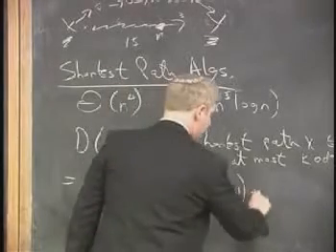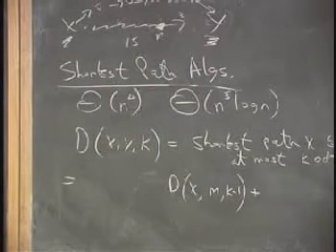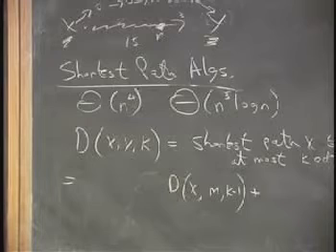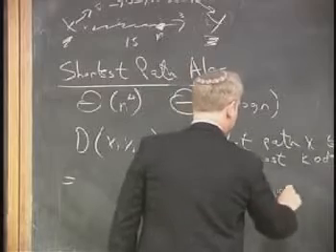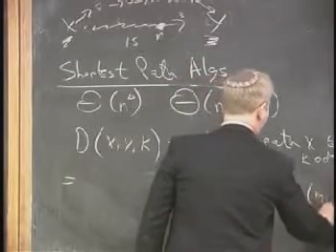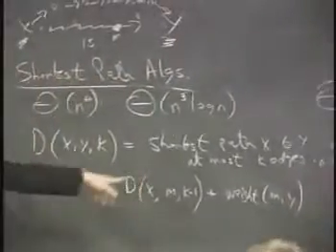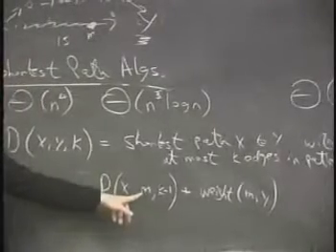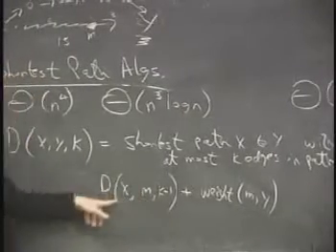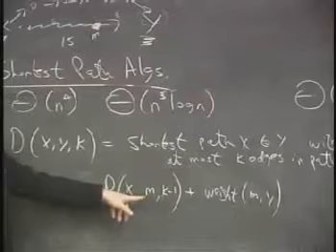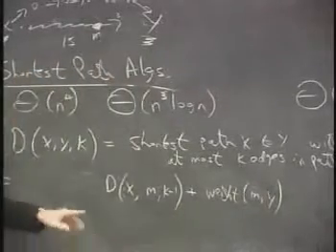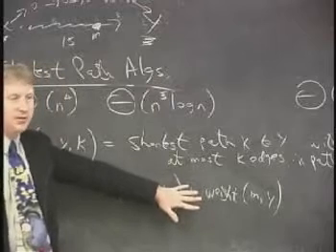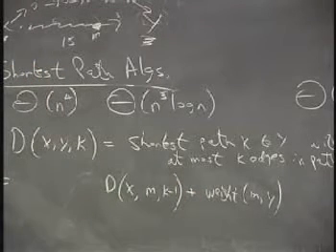And then we'll move from that node m over to the node y, and we'll call that the weight of my, and we'll calculate this. We'll go to every single node in the graph. We'll check to see what its best distance is with k minus 1 edges. We'll add in how much it costs to take that last edge over to y, and we'll see if this is better than what we currently have.